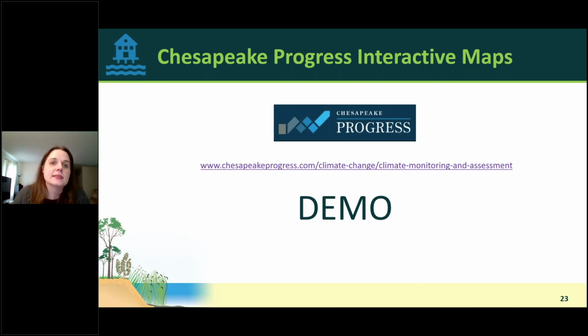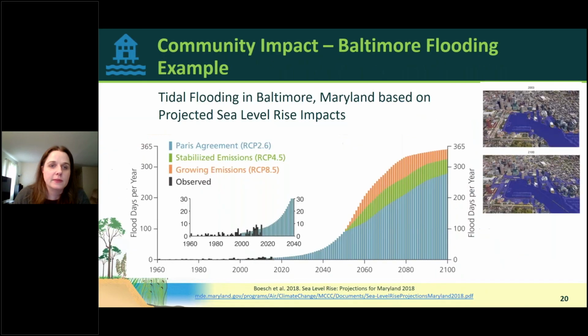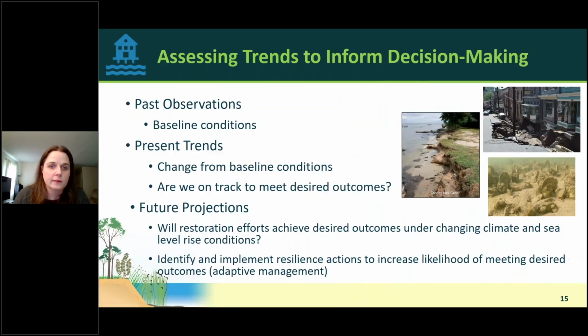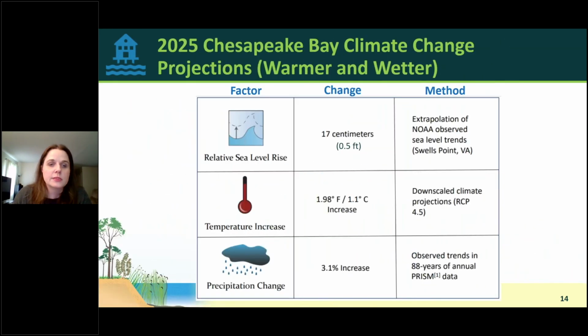Oh, yes. The baseline, let me go back to that one. So they're using the representative concentration pathway 4.5. That's where there are more efforts being made to reduce the greenhouse gas emissions.